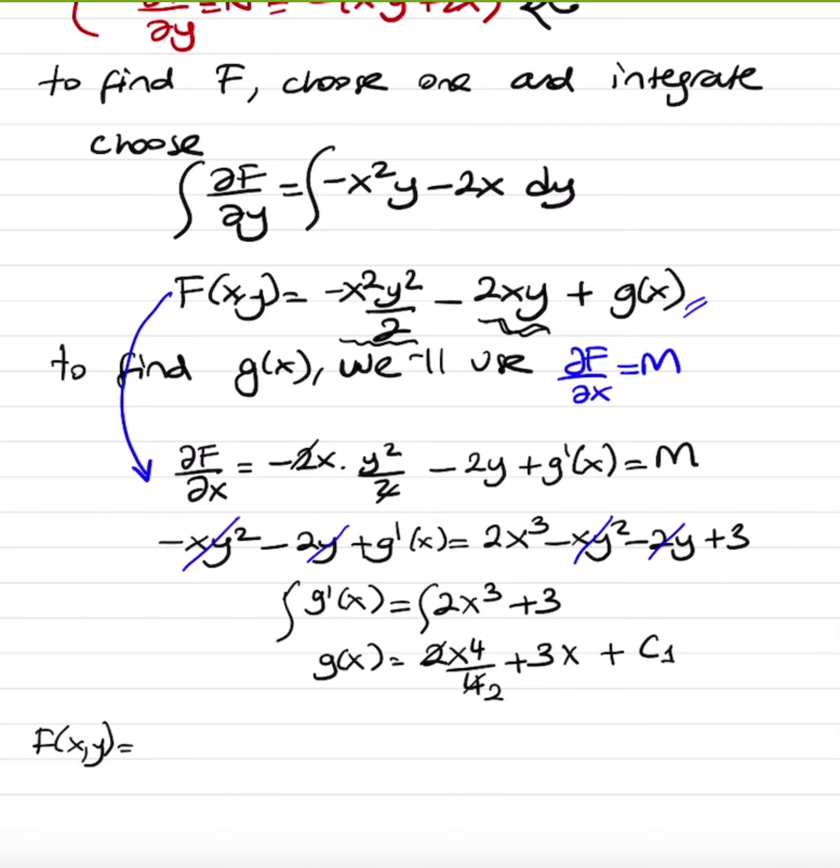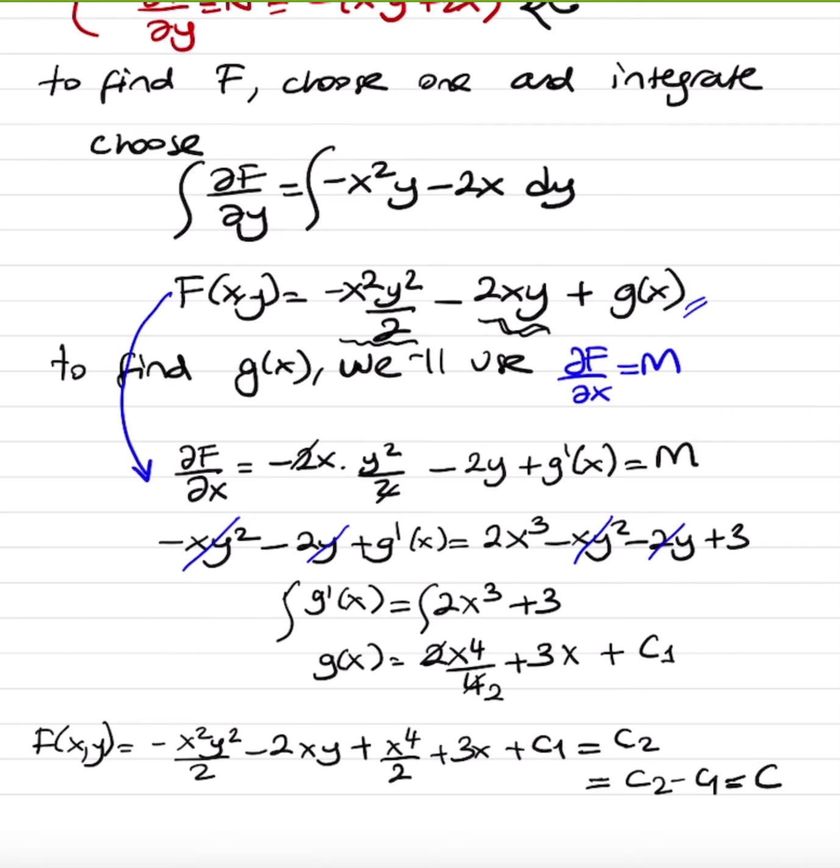F of x is equal to minus x squared y squared over 2 minus 2xy plus g of x, and we found g of x, 3x plus c1. Let's say this is equal to c2 is our solution, and we can write this as c2 minus c1 is equal to c.